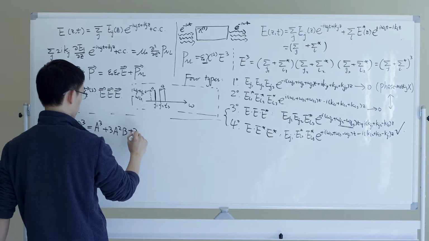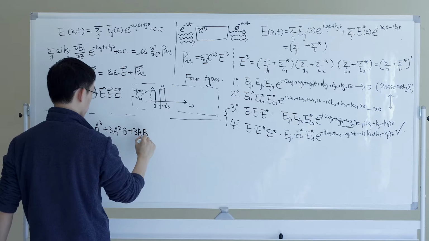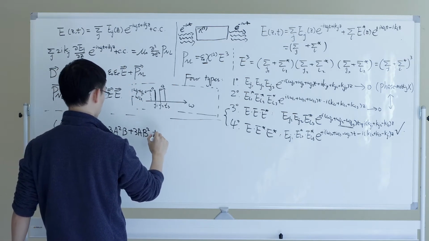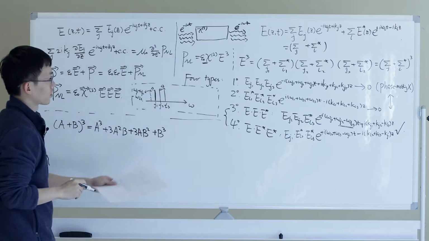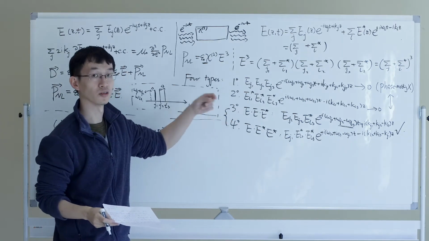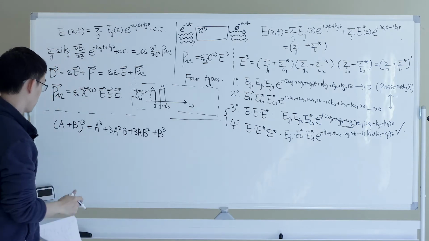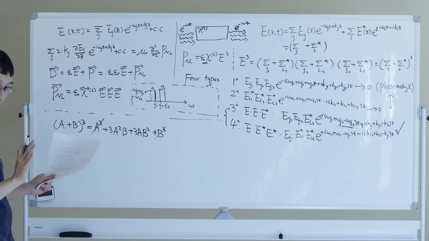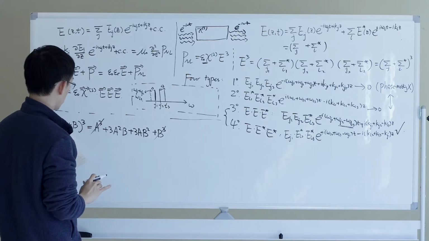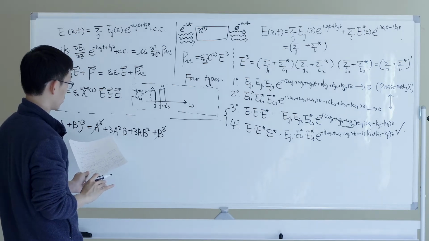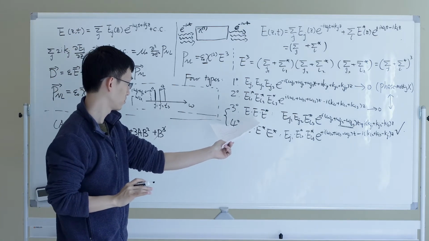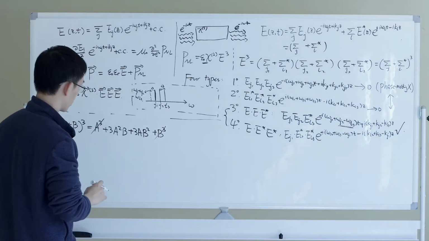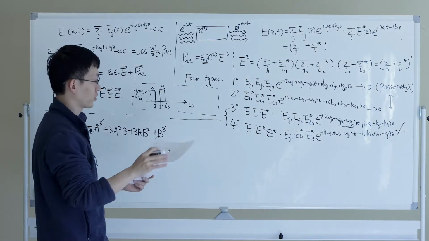Then 3AB squared, this is its conjugate, also with a factor of 3, and finally you get B cubed. B cubed is this term, the conjugate of the sum frequency. Because here we neglect this and that, you can imagine that the final solution would be the sum of this term multiplied by a factor of 3 plus its conjugate. That's just a guess, and let's see how we can justify this.